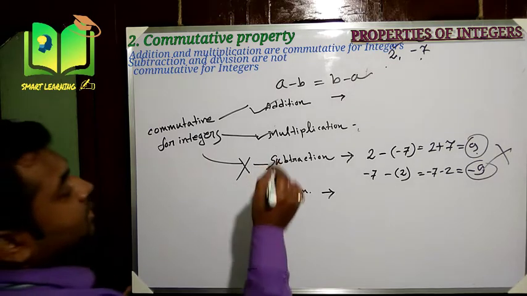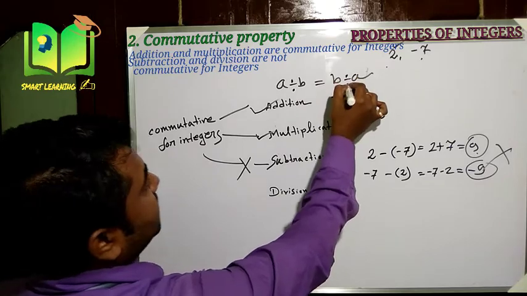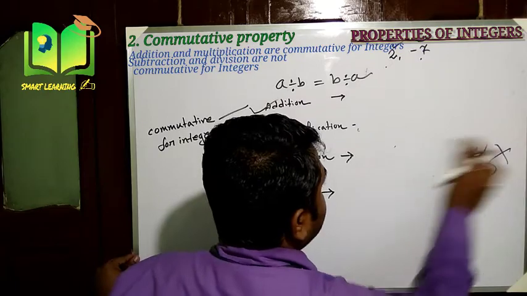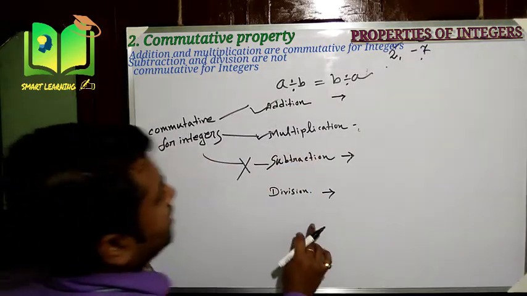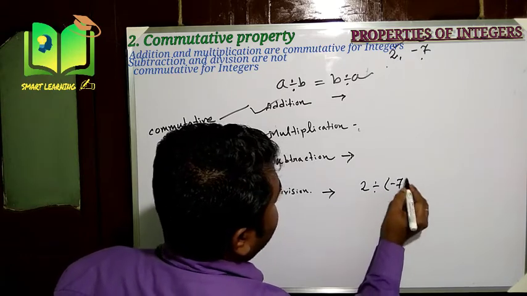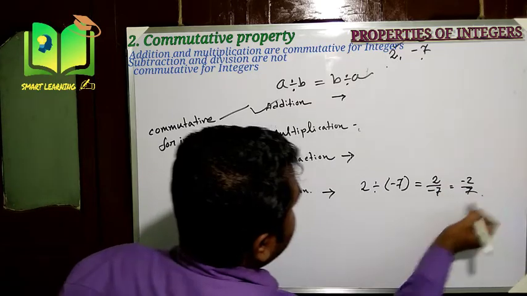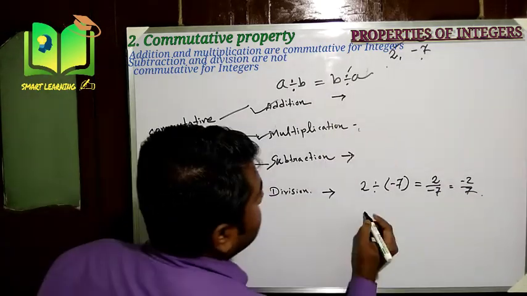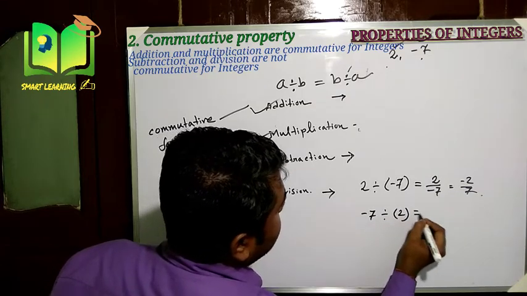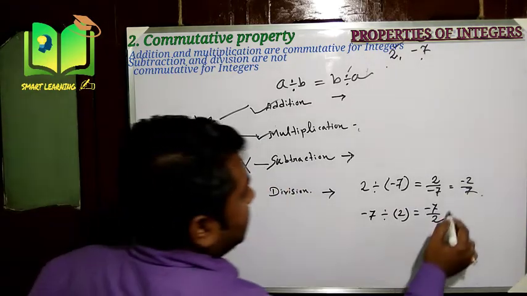Now we have to see the case of division. A divided by b equals b divided by a. Let's see. For the case of division, a divided by b means 2 divided by minus 7 equals minus 2 by 7. And for the second part, minus 7 divided by 2 equals minus 7 by 2. Are they the same?